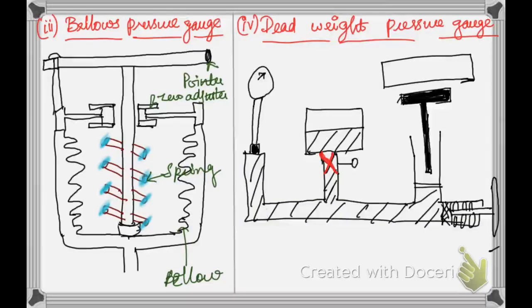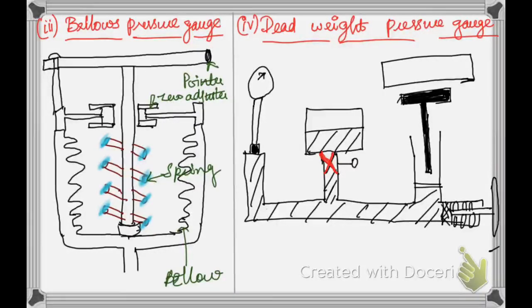The last type of pressure gauge we are going to see is the dead weight pressure gauge. So this dead weight pressure gauge works on the principle of Pascal's law, and it is used in calibration laboratories to calibrate pressure transfer standards like electronic pressure measuring devices. So generally the system will be full of air-free oil.